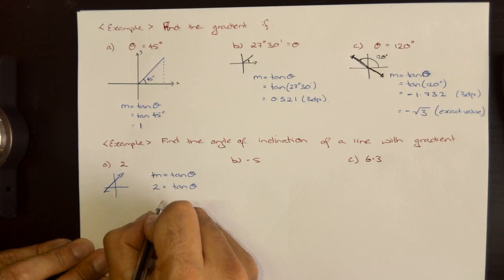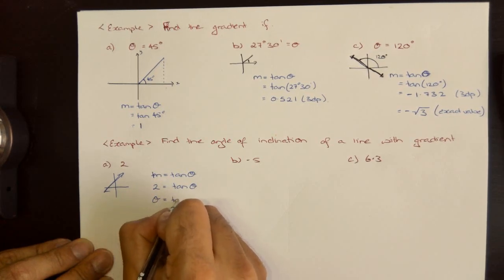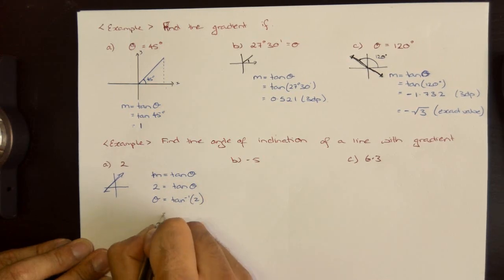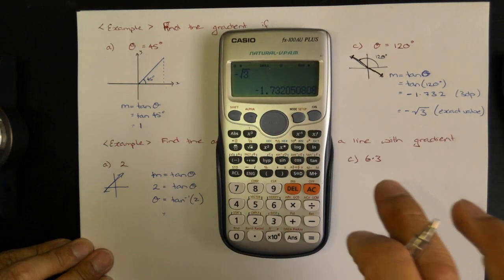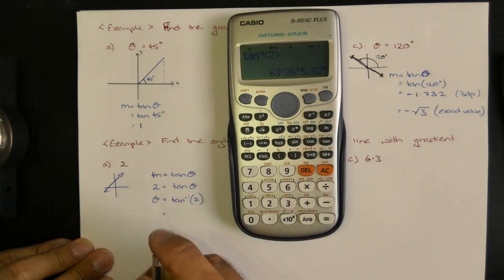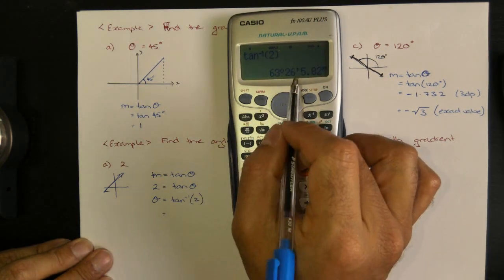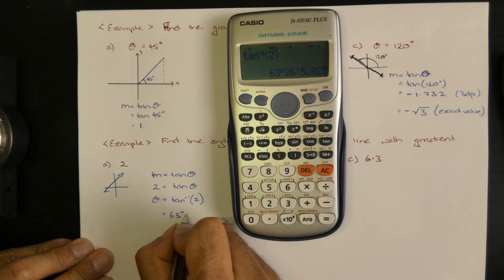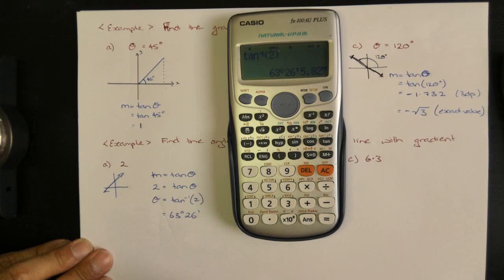So using trigonometry, theta is inverse tan 2. So we go shift tan 2, and then I get the degrees. Let's do it to the nearest minute. So this is 63 degrees and 26 minutes.